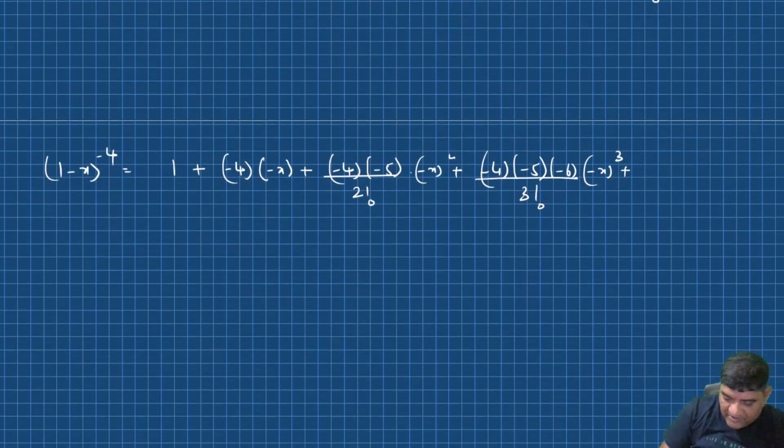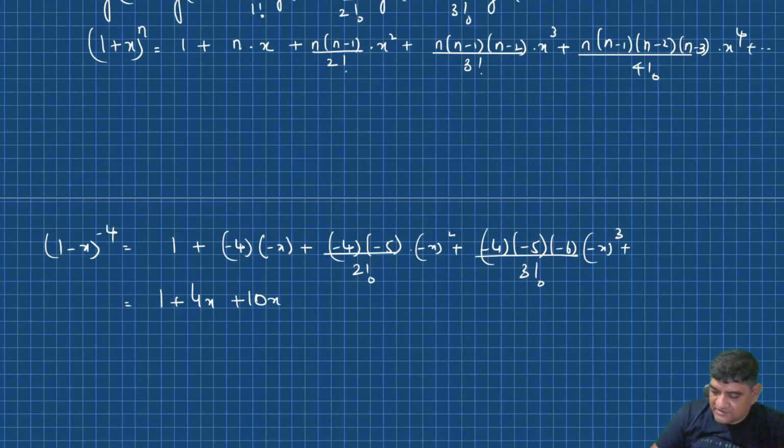So what is this going to be equal to? This is going to be 1 plus 4x, and 4 times 5 is 20, 20 divided by 2 is 10, and this is going to be positive, so plus 10x squared. Now you can see here, 4 times 5 is 20, which is positive.